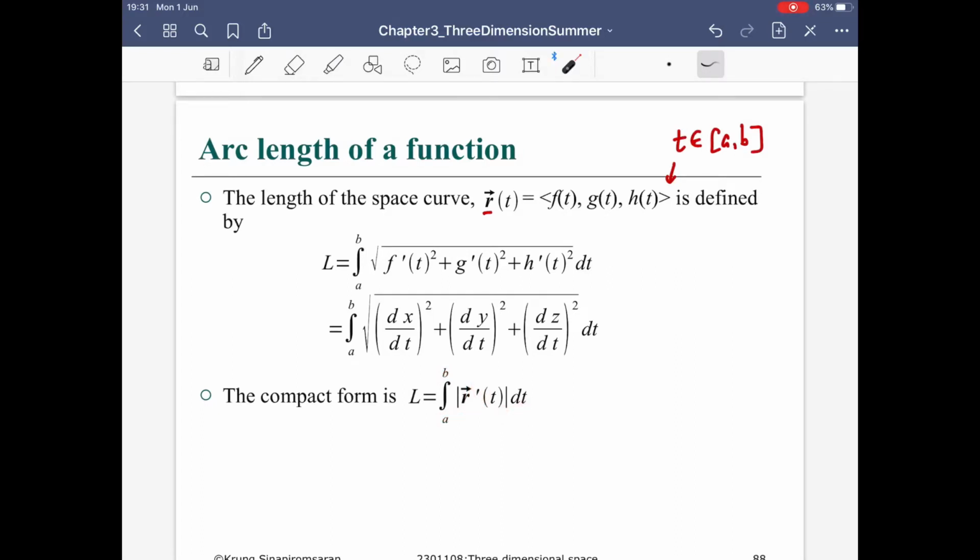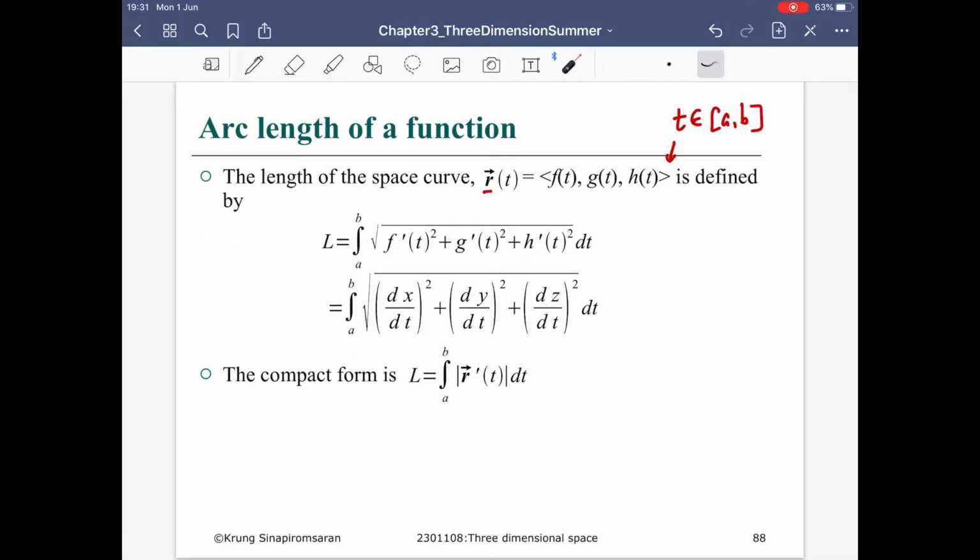That's very simple. But why do we get this? Because we look at the curve like this. Actually, you don't really need the axes. So this is the curve r(t) in three-dimensional space.